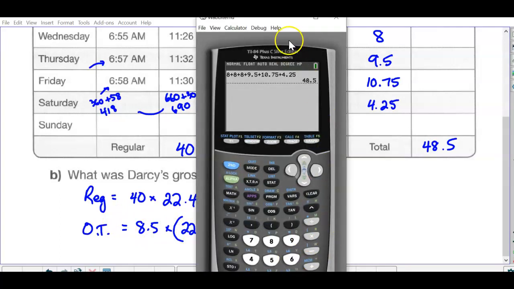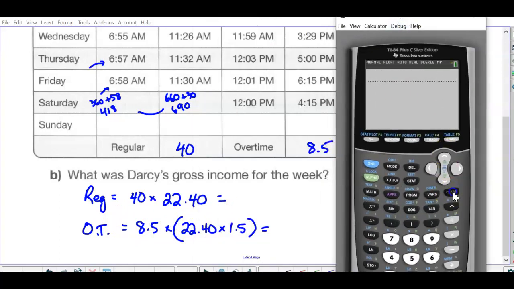So let me do these. So 40 times 22.4 is 896. Then 8.5 times 22.4 times 1.5. Because it's all multiplication, you don't have to use the brackets.